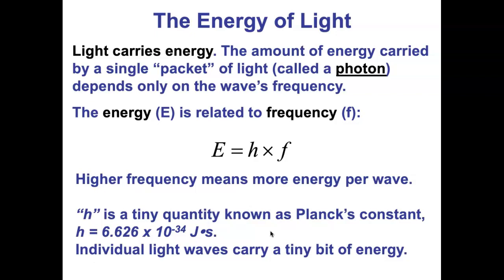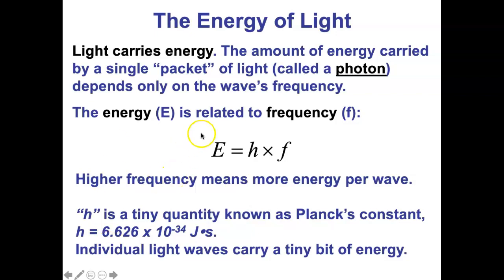This is a common mistake people make. So let's think about this for a second. The energy that a photon of light carries does not depend on speed, because all light travels at the same speed. But light particles, photons, carry a different amount of energy depending on the frequency.